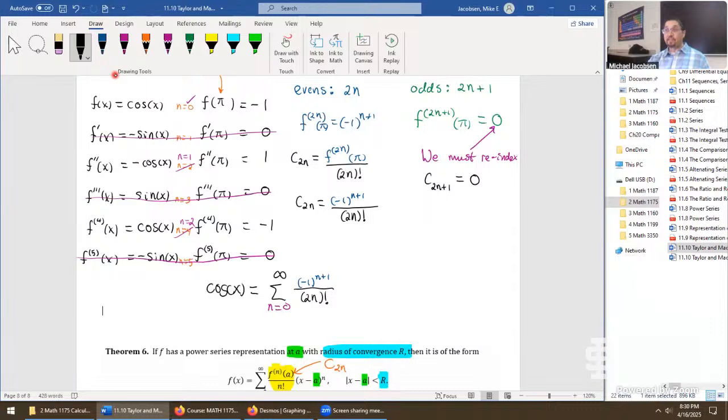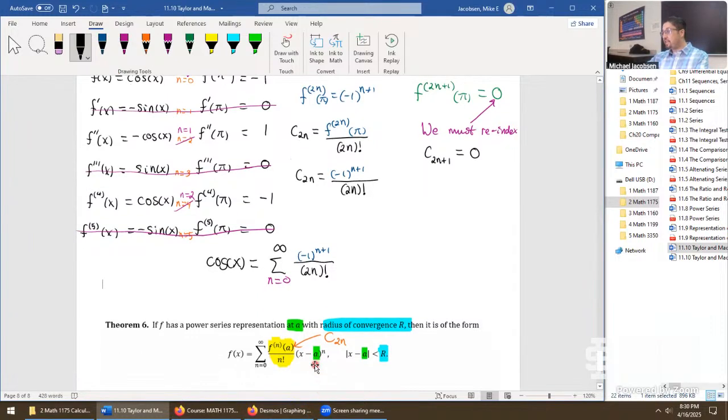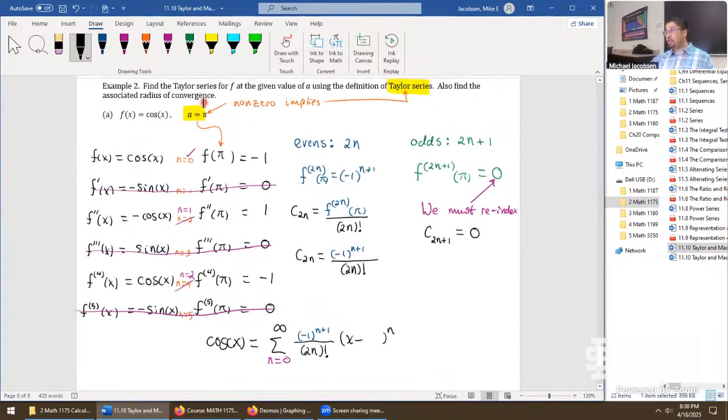And we have to be really careful with this last step. This is a Taylor series with a non-zero center. So the center gets involved here as well. We don't do x power of n, we do x minus the center to the power of n. We look up the center just by going up to this spot. Center is pi.